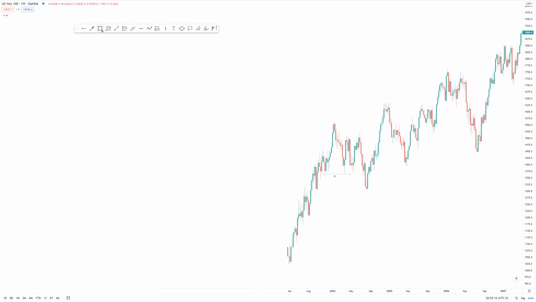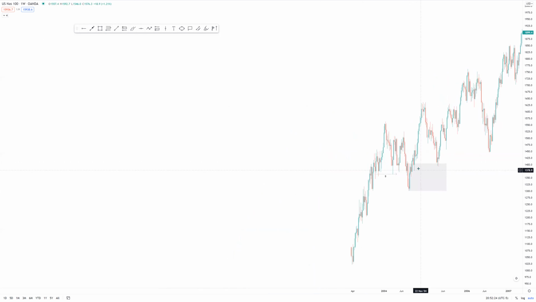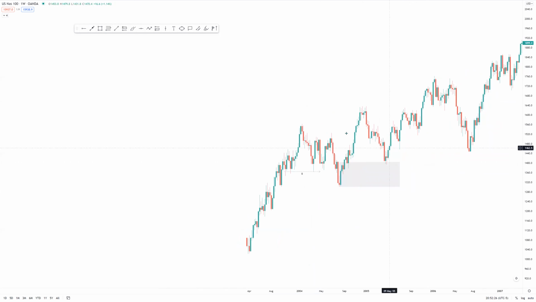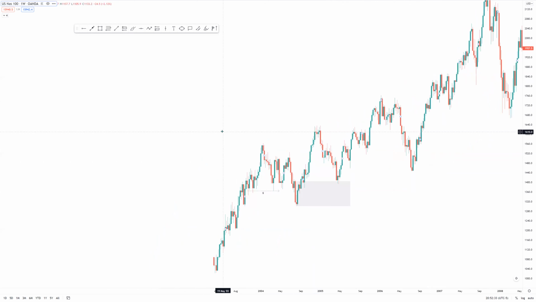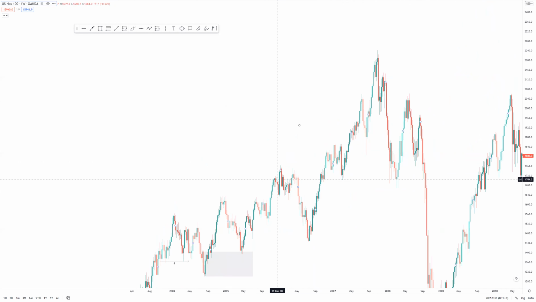And then we broke structure and ended up mitigating here. So if we look at what price is doing here on the higher time frame, this is like a little intermediate top down because this isn't the big picture, but it will give you a good idea of what you should be looking for.